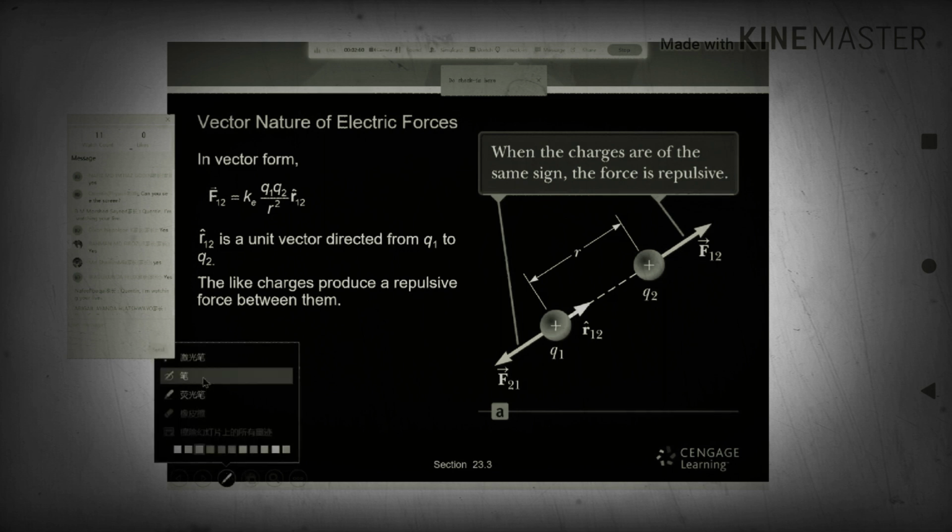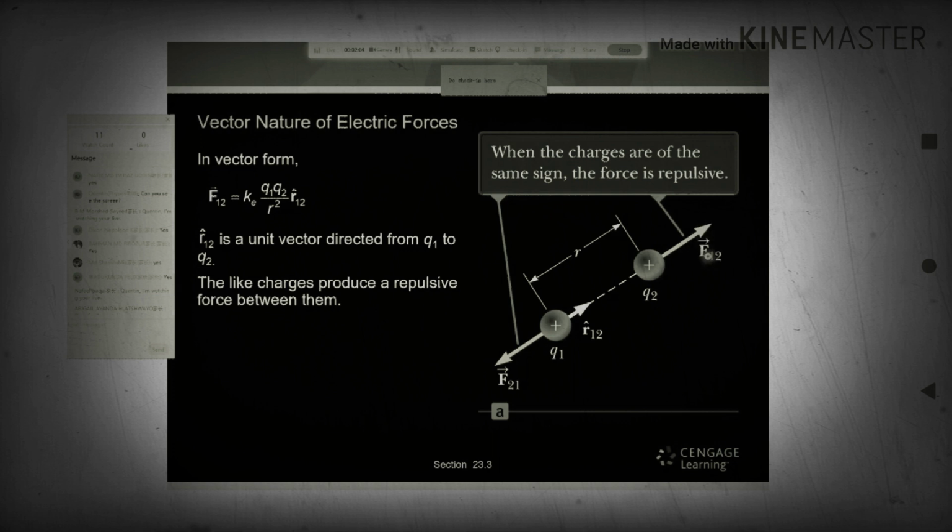This is the force vector from Q1 on Q2, and because it's a repulsive force, the direction is going this way.